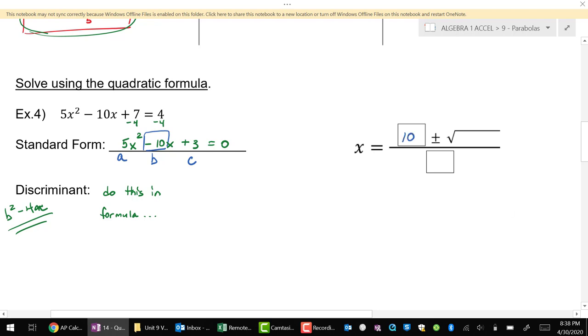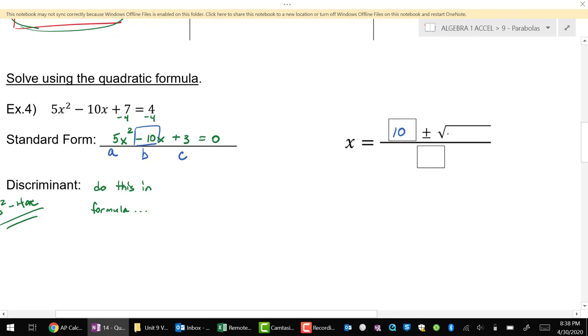There's opposite of b. Plus or minus b squared, so negative 10 squared is 100, minus 4 times a times c. All divided by 2 times a. 2 times a is going to be 2 times 5.